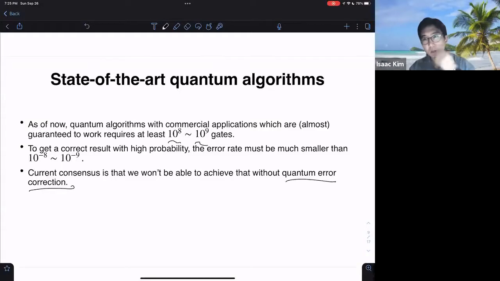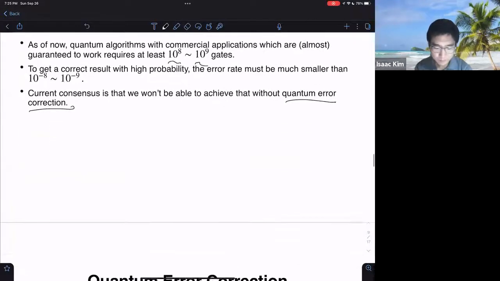I will not talk about quantum error correction in this course because that's a huge subject. But the reason why I'm talking about this is because once you accept that useful quantum algorithms need quantum error correction, this significantly constrains the gates that you can actually use. That's the main point that I want to get to.